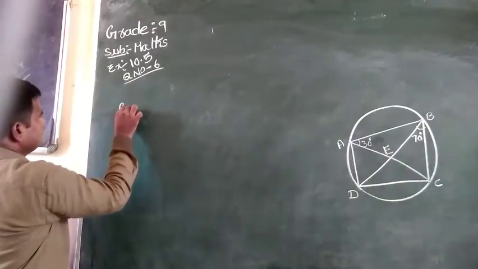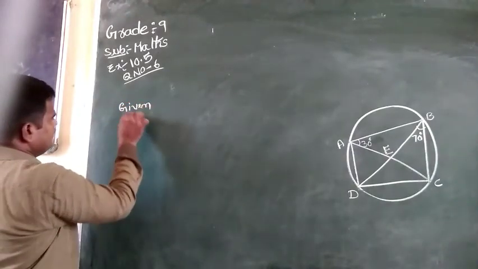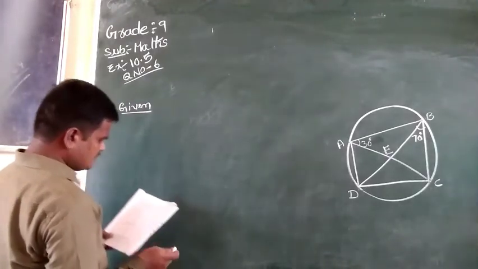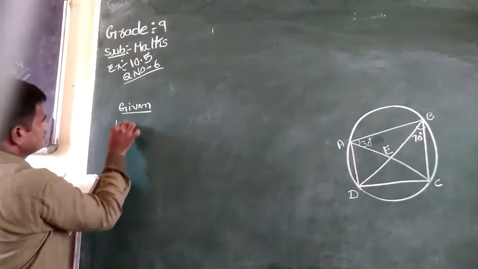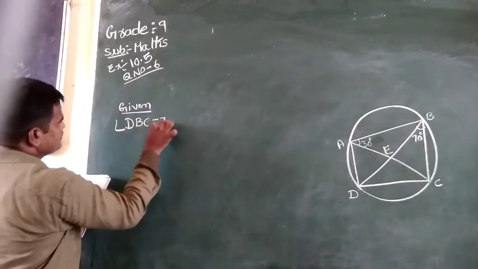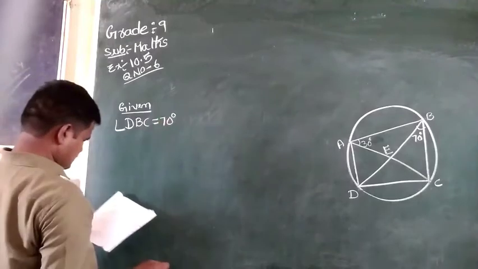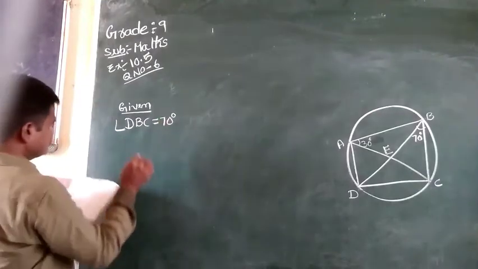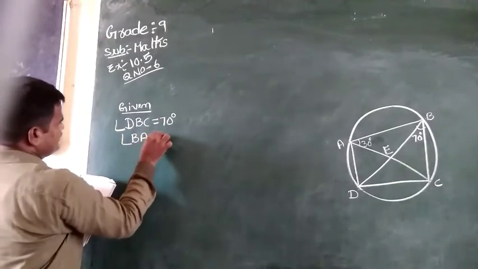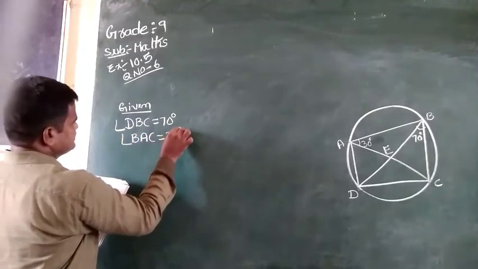What is the given here? Given angle DBC equal to 70 degrees, and also angle BAC equal to 30 degrees.